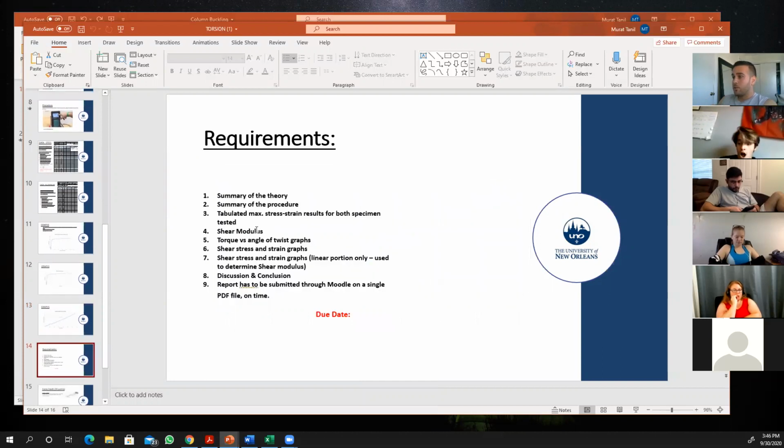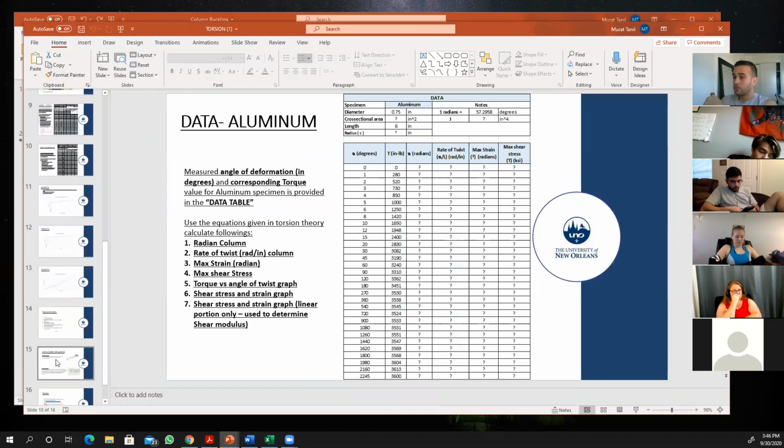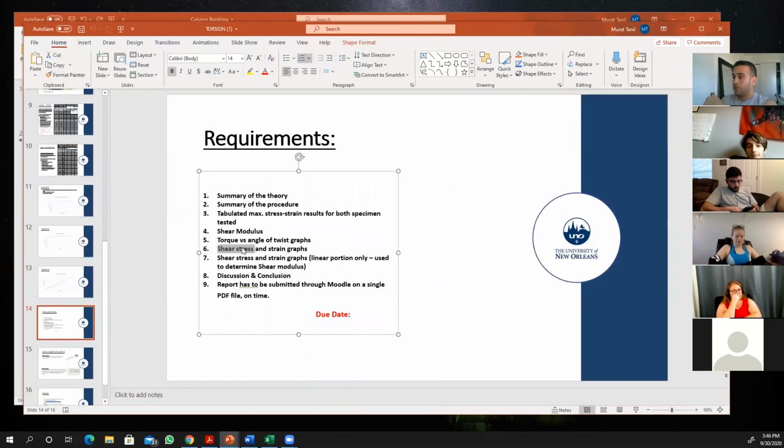Requirements: you need to summarize the theory and summarize the procedure. You need to tabulate the maximum stress and strain results for both specimens, these two tables. And then you should include your torque versus angle of twist graph, shear stress versus shear strain graph, and one more additional graph.